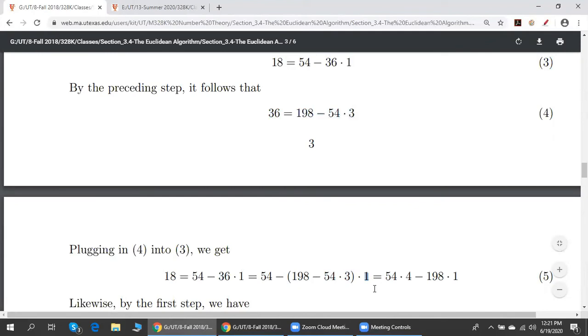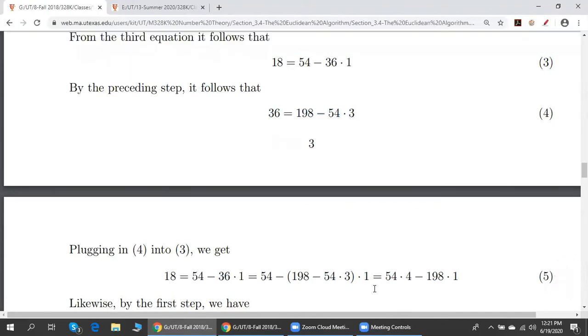Since we multiply by 1, the only thing that changes is this minus times minus becomes plus. So 54 plus 54 times 3 is 54 times 4 minus 1 times 198.